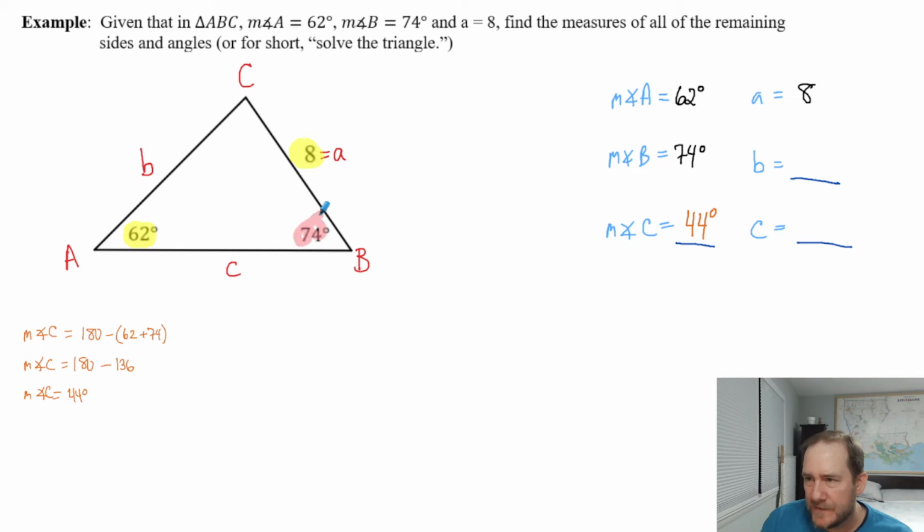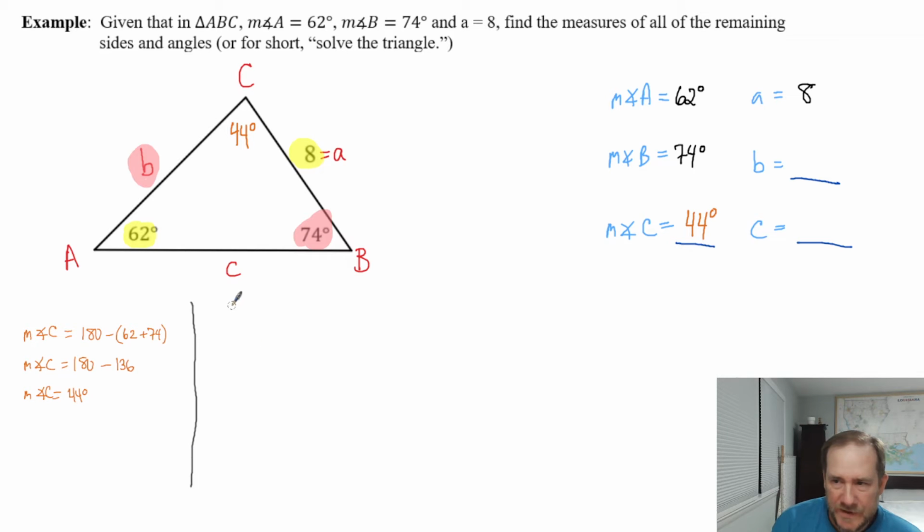Looking at the others, I've got this 74, and so I know that the 74 will enable me to solve for side b. And don't forget, we also just found angle C. We just found that to be 44. And so I know that when that angle is 44, that's going to enable me to find side c. And here's how this works.